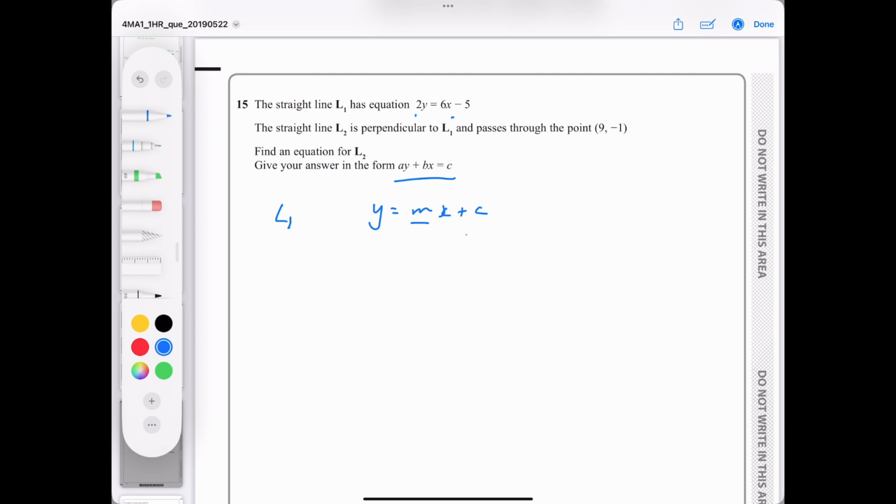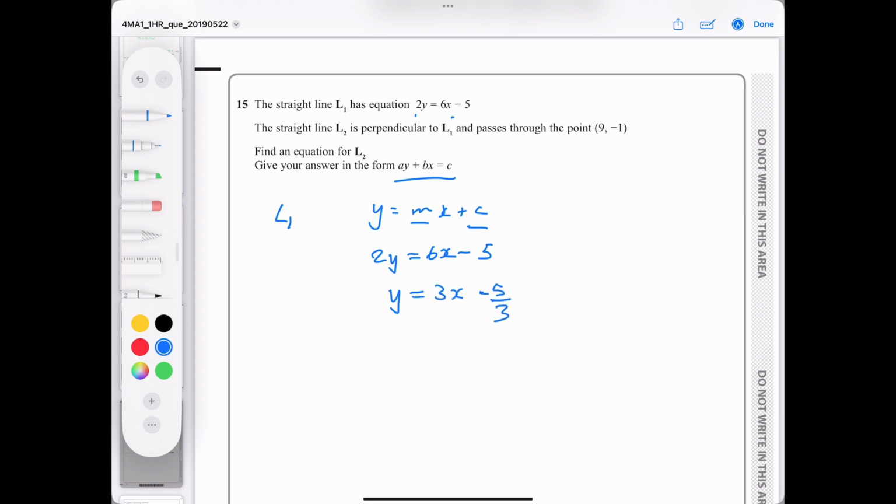That way we know what m, the gradient, is, and c, where it crosses the y-axis. So 2y equals 6x minus 5. Let's divide everything by 2, and we get y equals 6 divided by 2, which is 3x, minus 5 over 2.